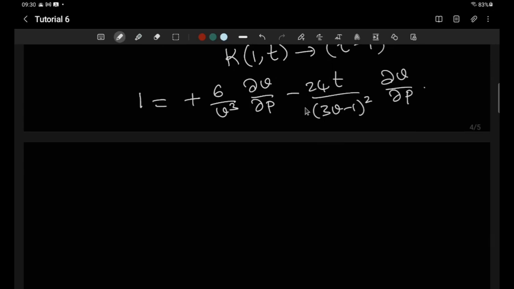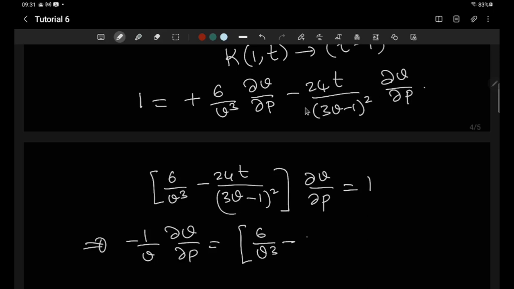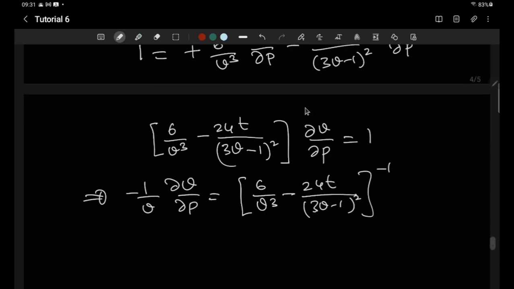To simplify this, we'll get this. Now all we have to do is set v equal to 1 in this expression and see how it goes.